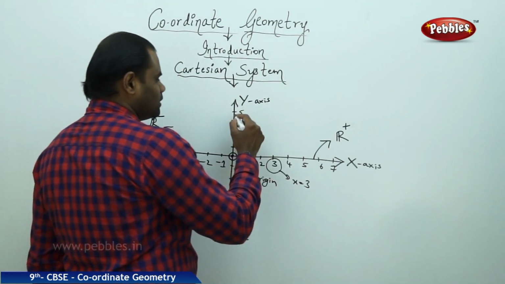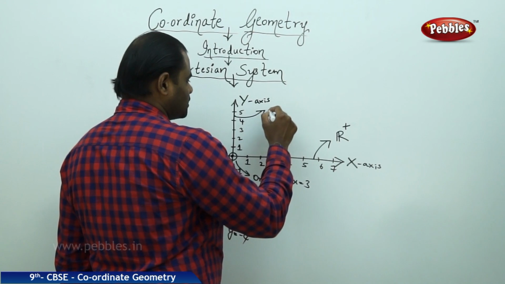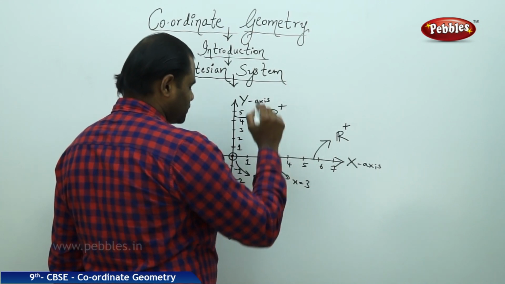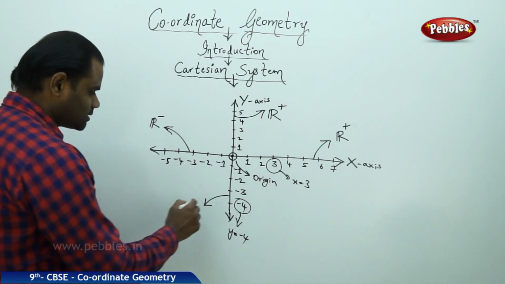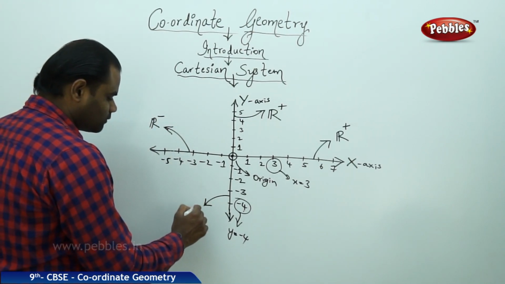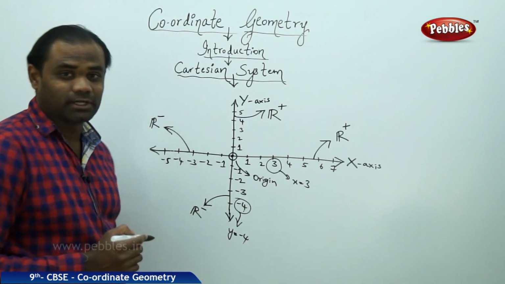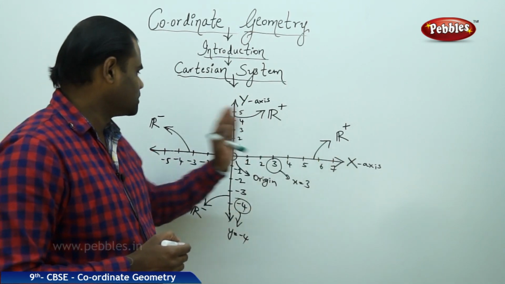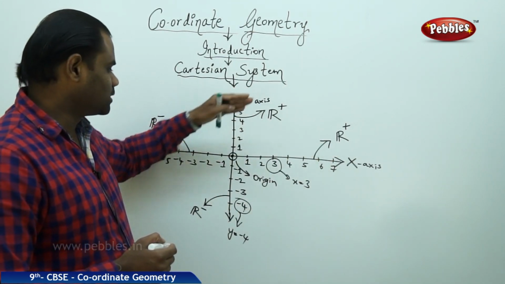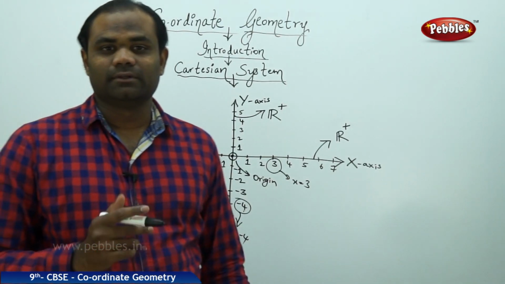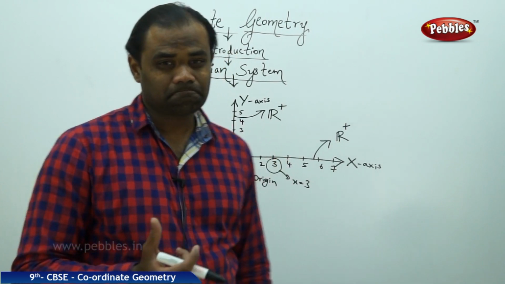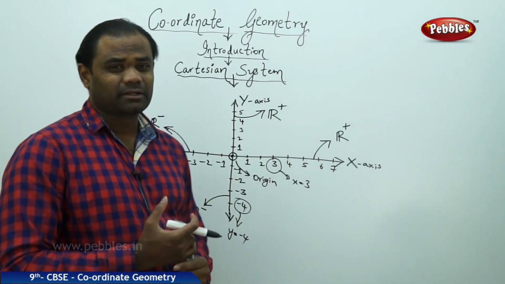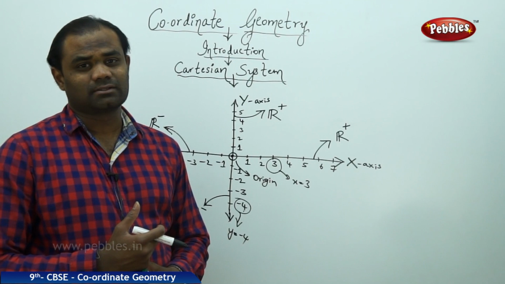Similarly, all the values on the upper y-axis are positive real numbers, and all the values below the origin on the y-axis are negative real numbers. Positive real numbers, negative real numbers, positive real numbers and negative real numbers is how we understand the Cartesian system connected with the x and y axes.